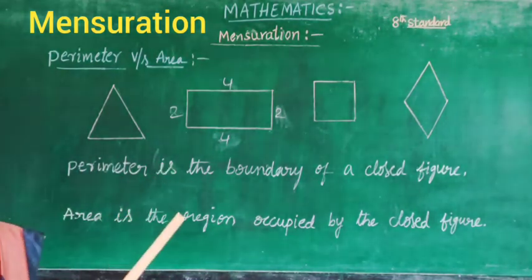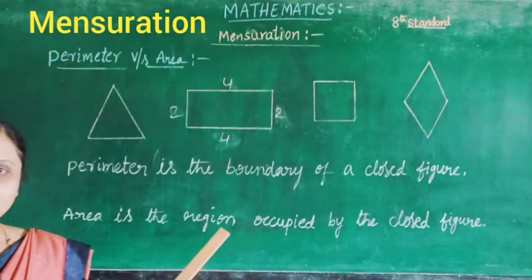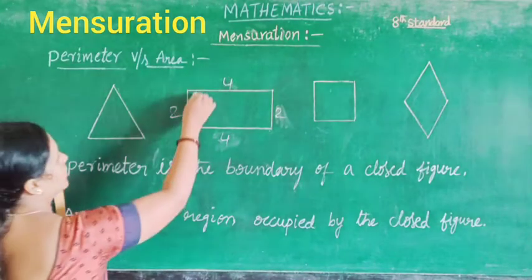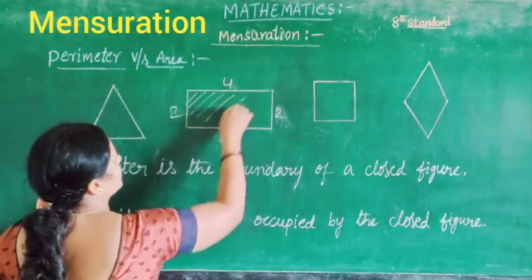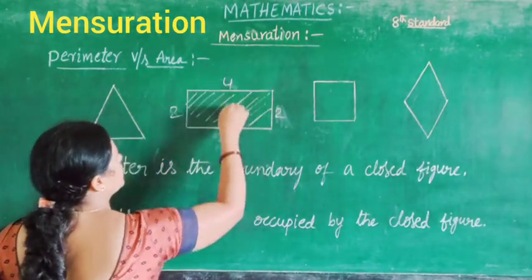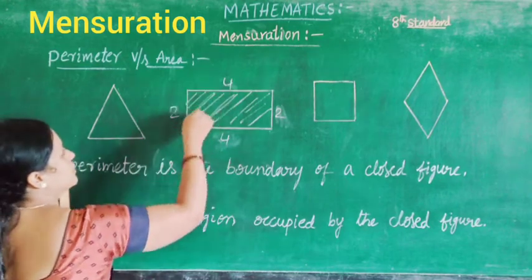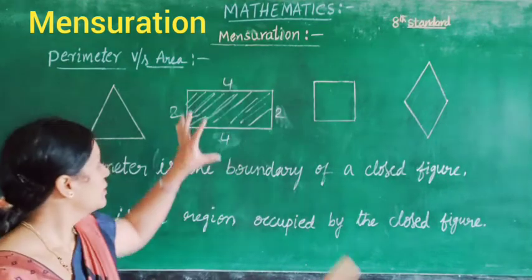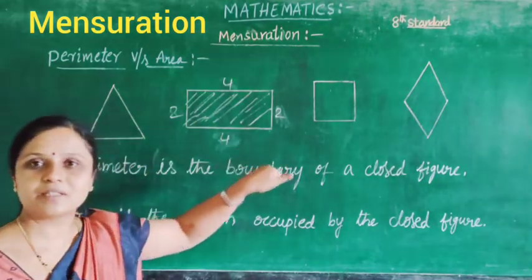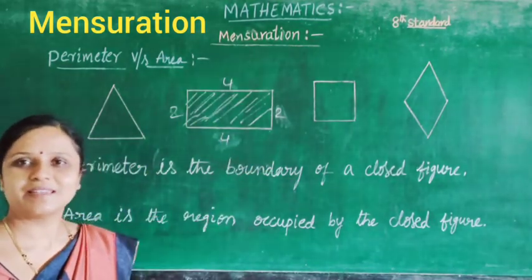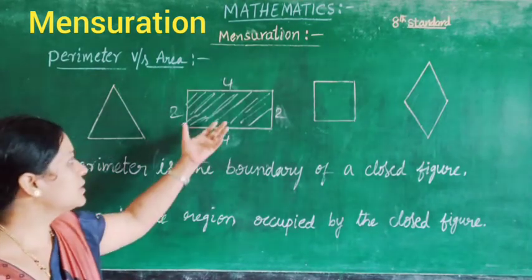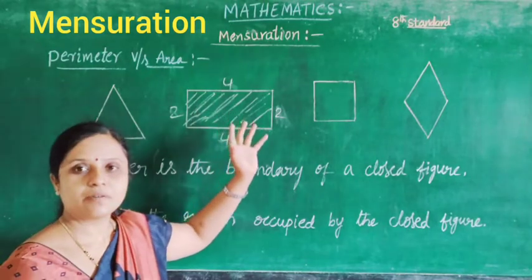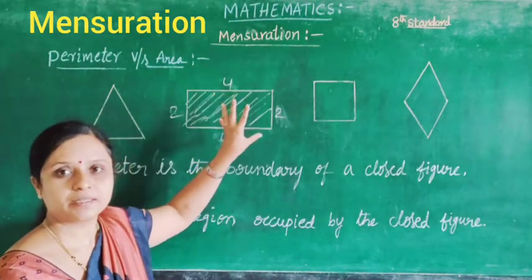And what is area? Area is the region occupied by the closed figures. Observe this one. So this is a region. So the area is nothing but the region occupied by this closed figure. So how much quantity of place does it occupy?